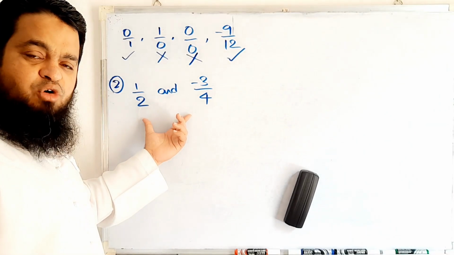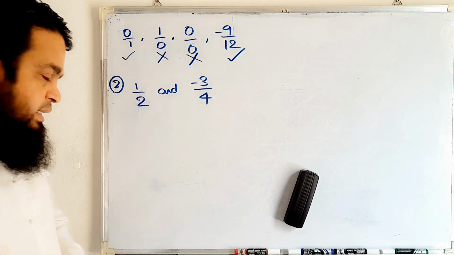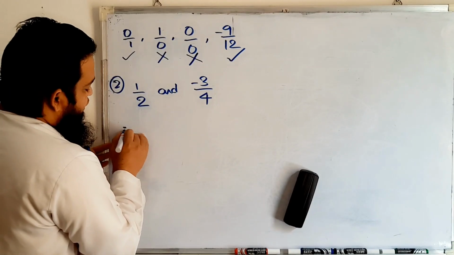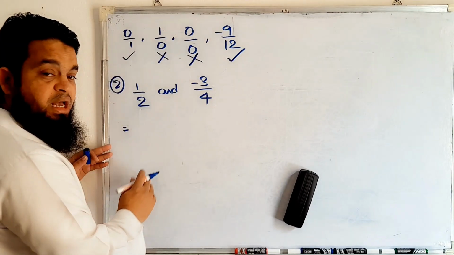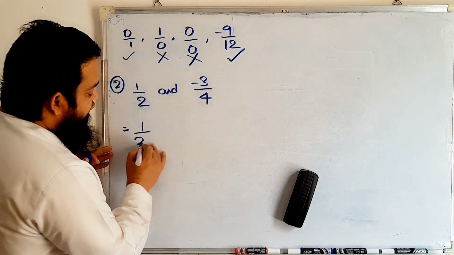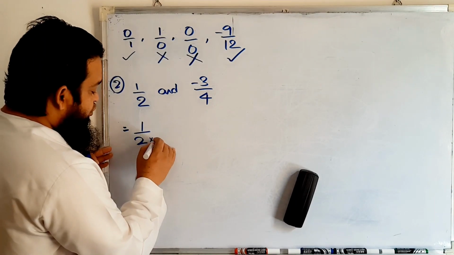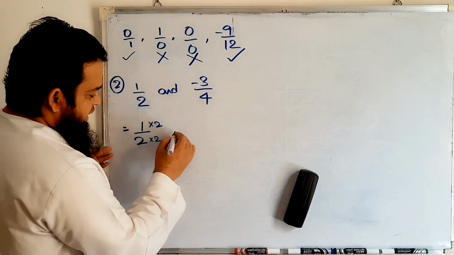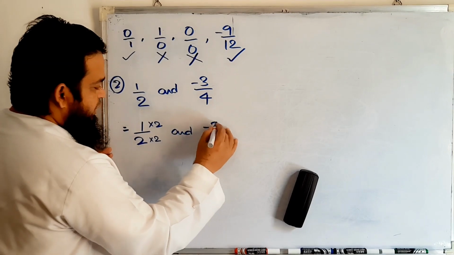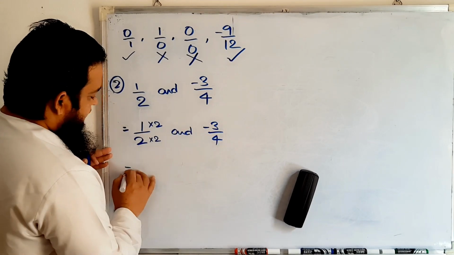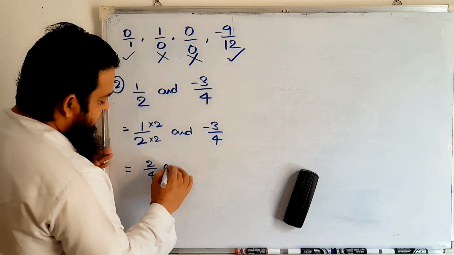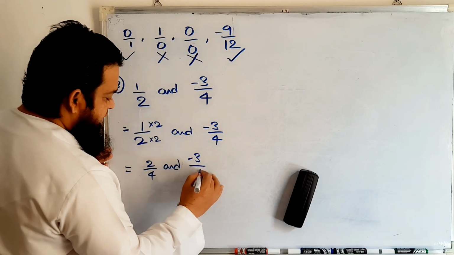What can be the least common multiple? 4. Yes. So therefore change this denominator also to 4. So how can we change? By multiplying with 2 in numerator and denominator. Now it's 2 by 4 and minus 3 by 4.